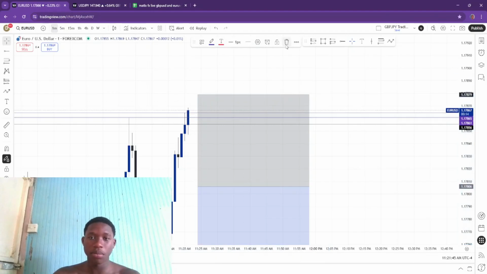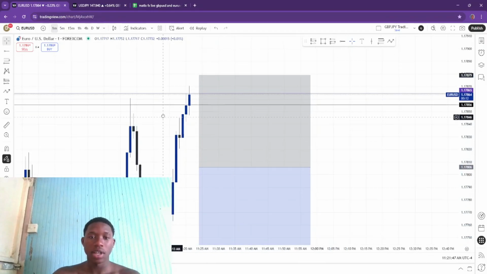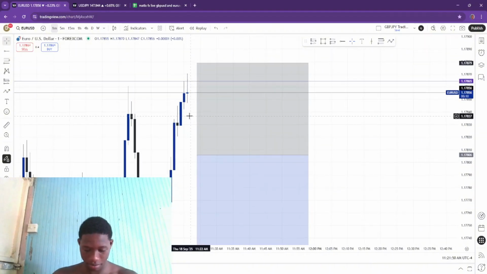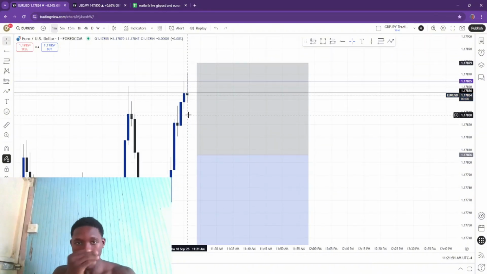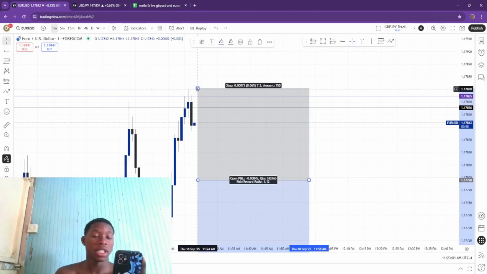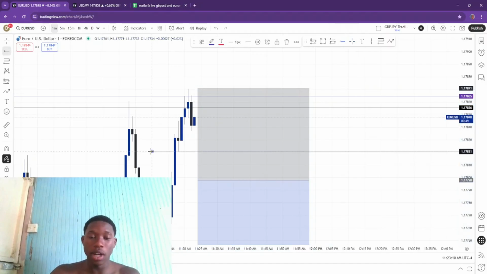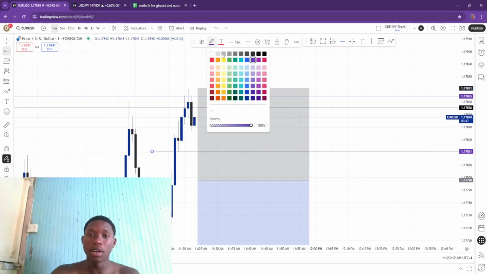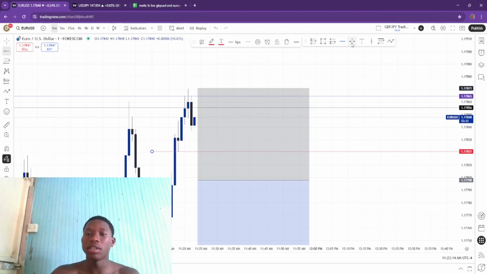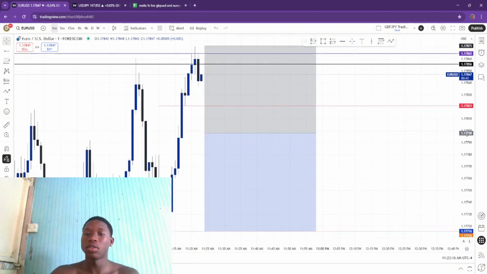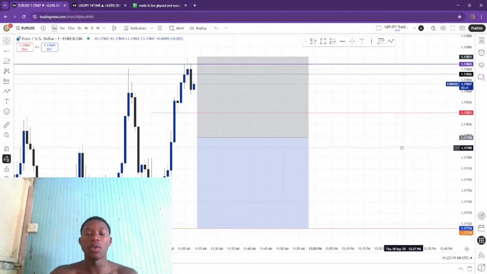So we could move that right there. That's the halfway line right there. Let's see what happens. So we're basically waiting for price to close below that line, or below that low, I mean, with an engulfing candlestick or a strong bearish candlestick. That's what we're looking for.